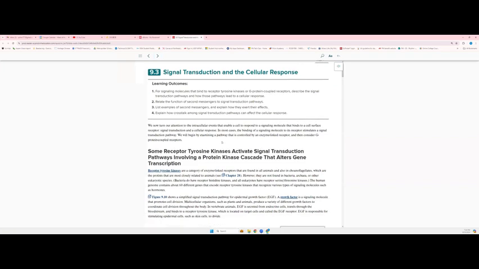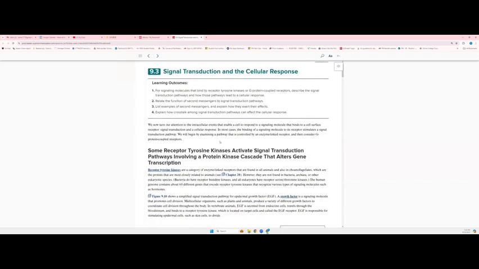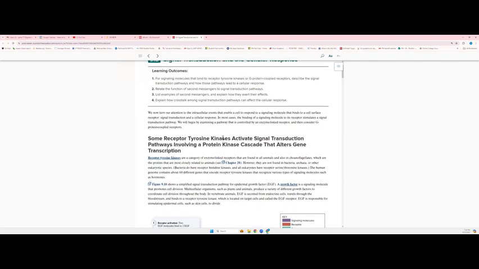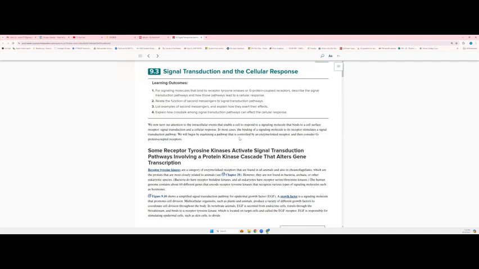Now we're going to talk about signal transduction and the cellular response. Like we said, in this chapter we're going to turn our attention to intracellular events, which enable a cell to respond to a signaling molecule that binds to a cell surface receptor.